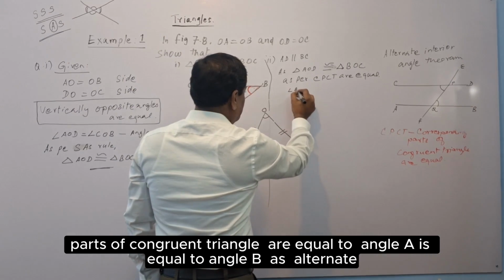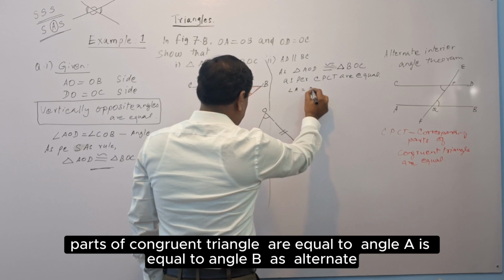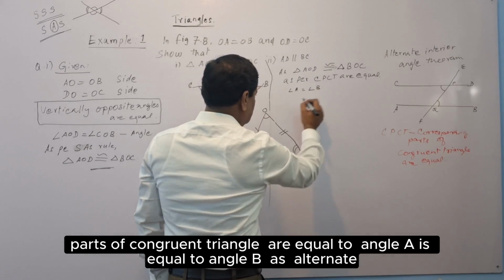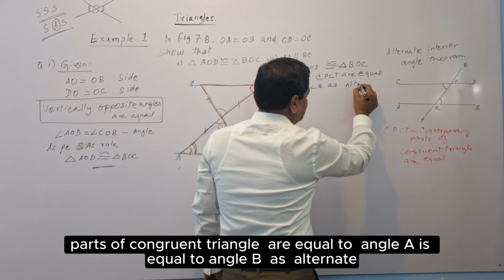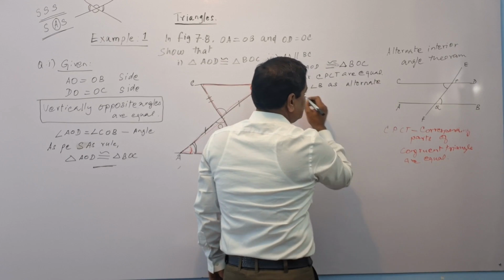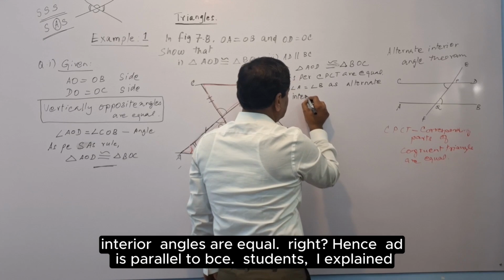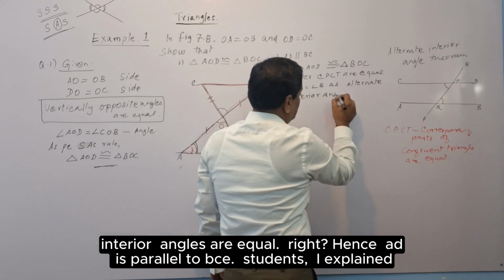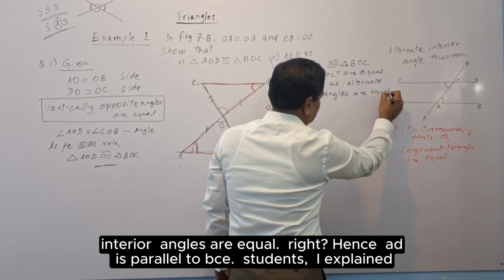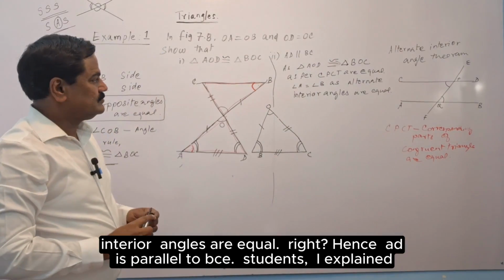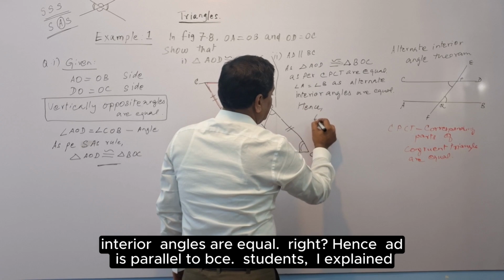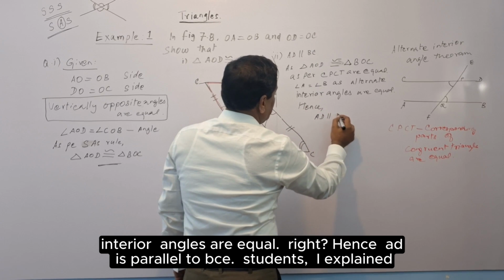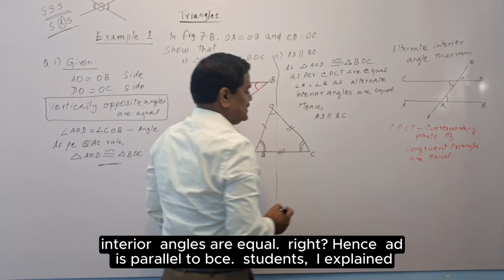Angle A is equal to angle B as alternate interior angles are equal, right? Hence, AD is parallel to BC.